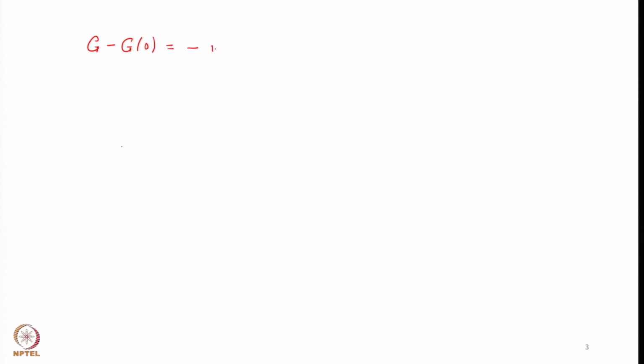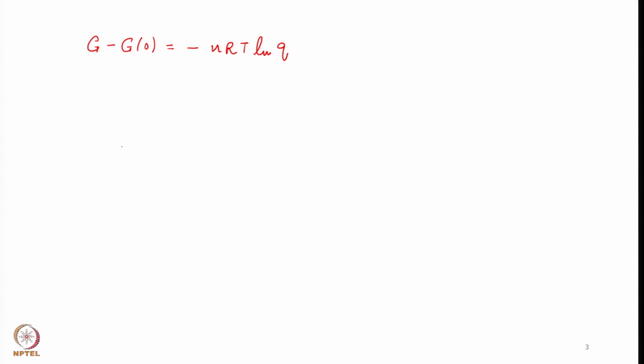So what we have now is G minus G0 is equal to minus nRT log q. Here we are talking about the rotational contribution because they want us to find out the rotational contribution.